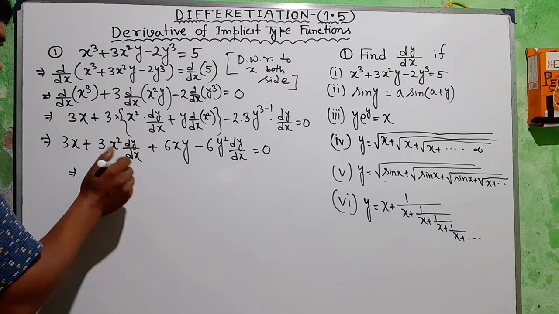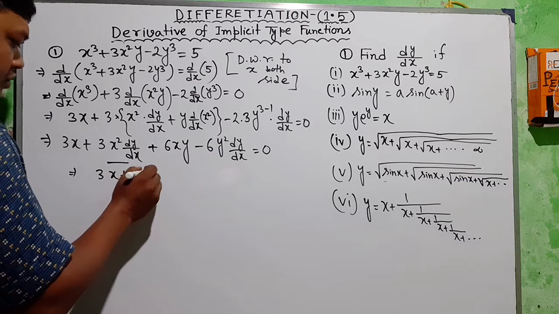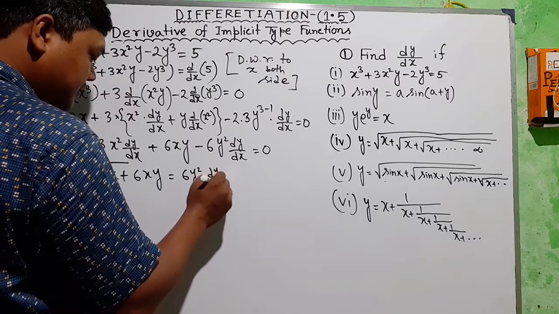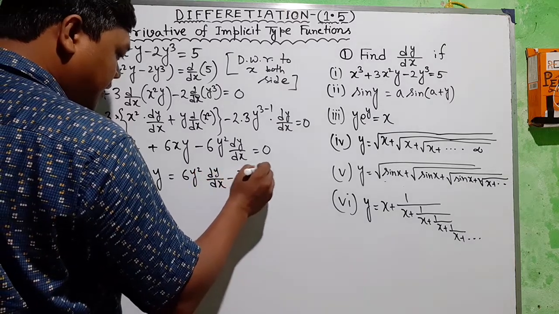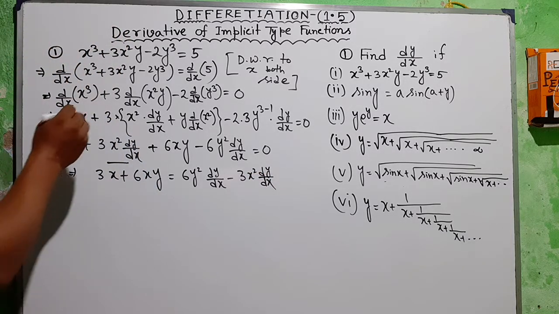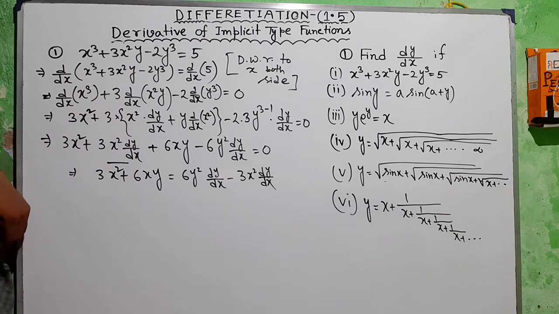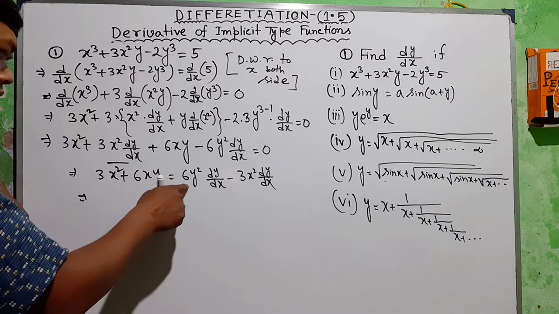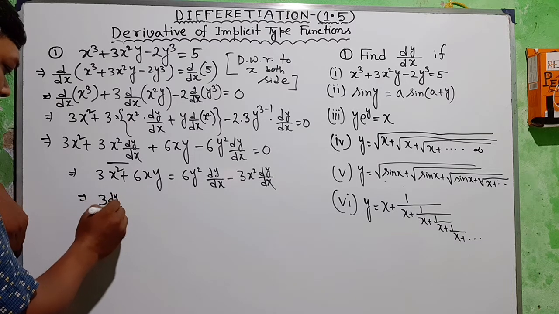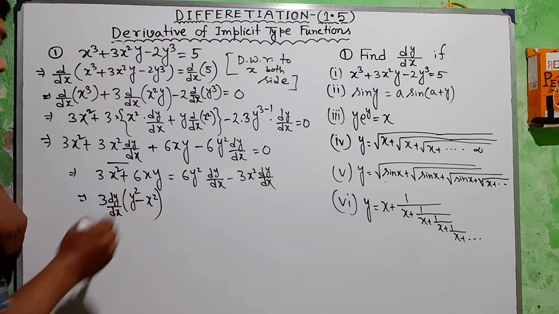If I take dy/dx to the right hand side, 3x square plus 6xy equals 6y square dy/dx minus 3x square dy/dx. Now 3 dy/dx is the common part, that is y square minus x square.